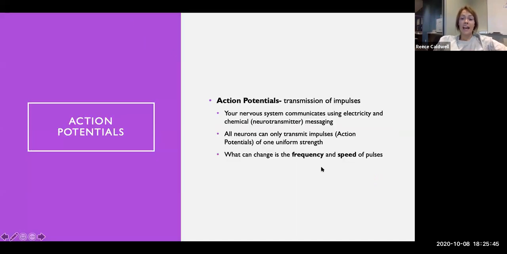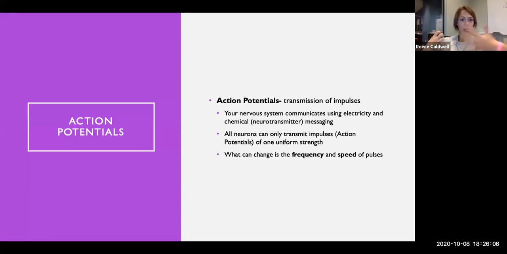So now we're getting into action potentials. This is the last part of this slide, and we will have one more diagram to draw here that is very important. So if you have talked about action potentials in lecture, you know that they are just a transmission of impulses. So our nervous system communicates using electricity and chemical messaging.